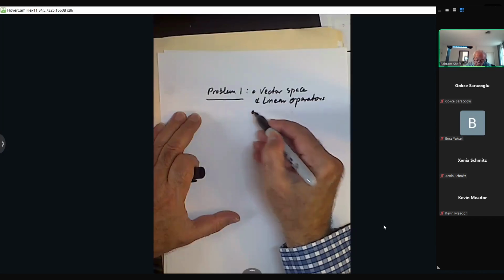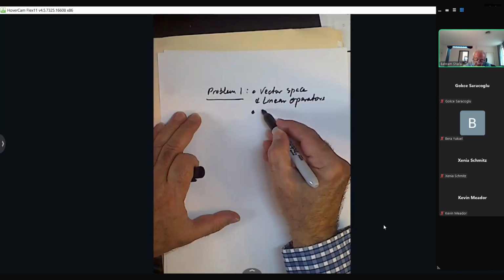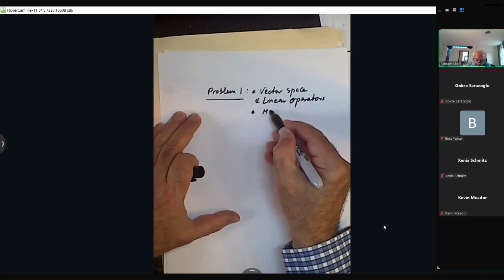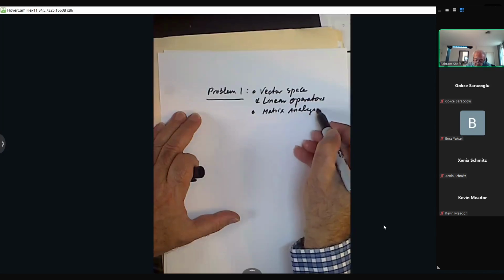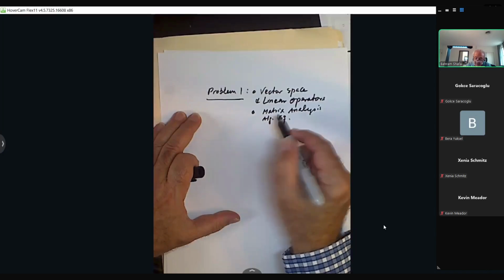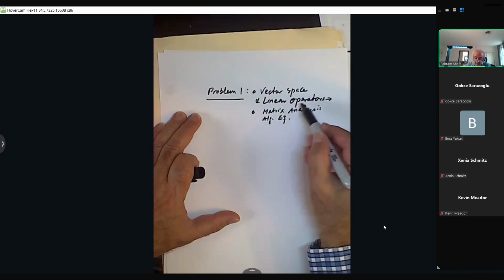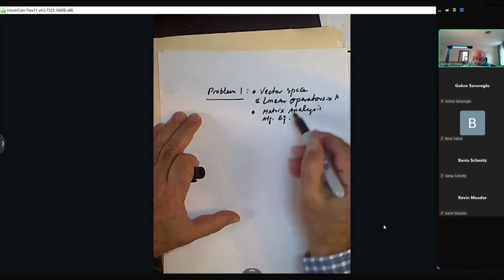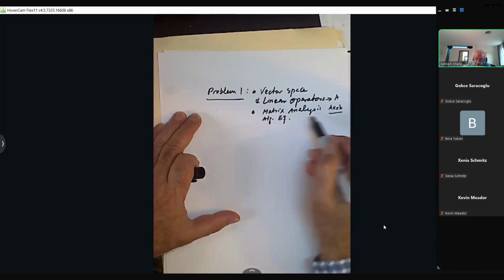It consists of two parts. One is vector space and linear operator. And then there is something related to matrix analysis, like algebraic equations. Because if you remember, we said that the linear operator can be represented by a matrix A, and then we talked about AX equal to B, the solution of algebraic equations.